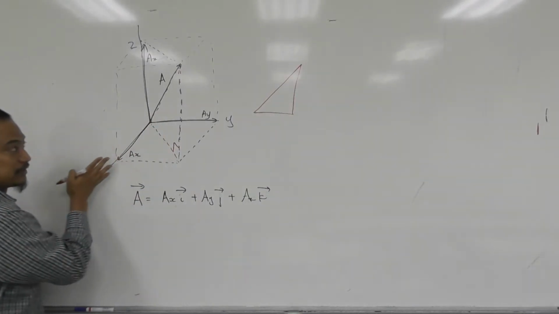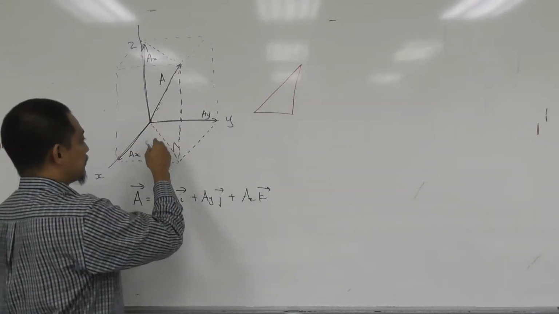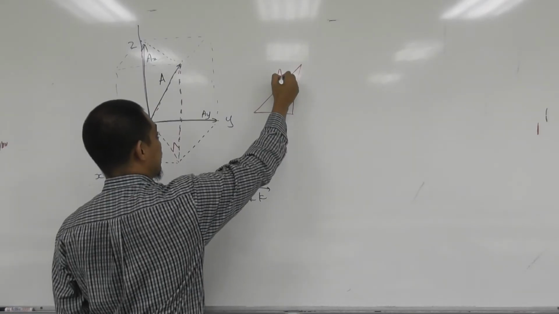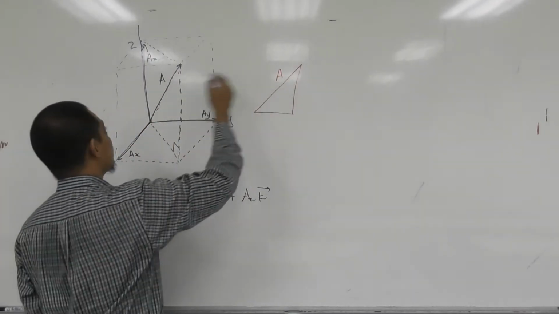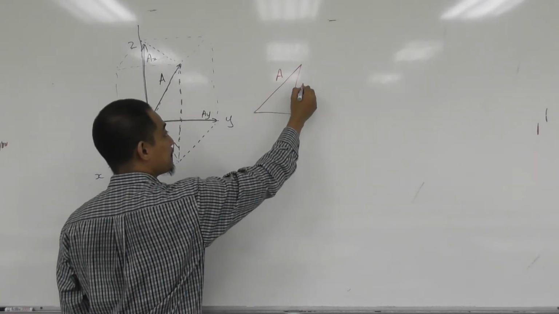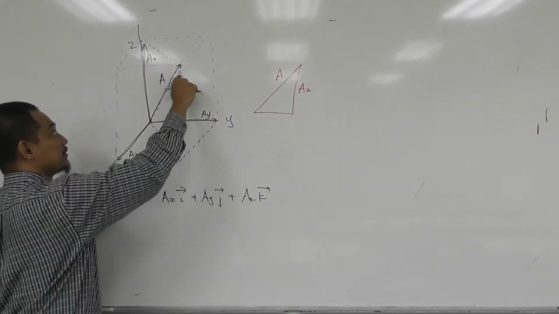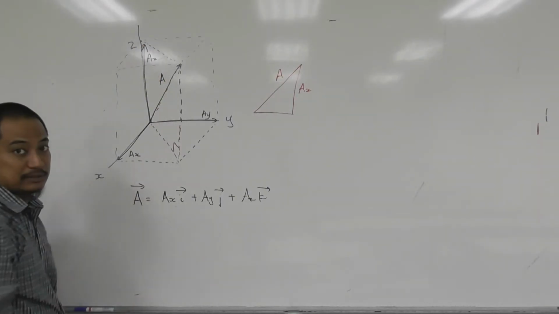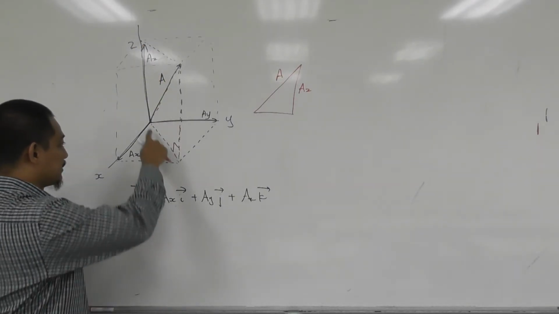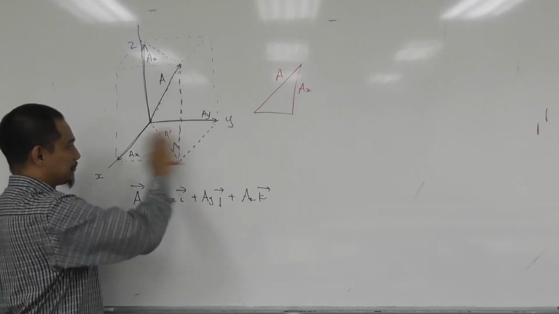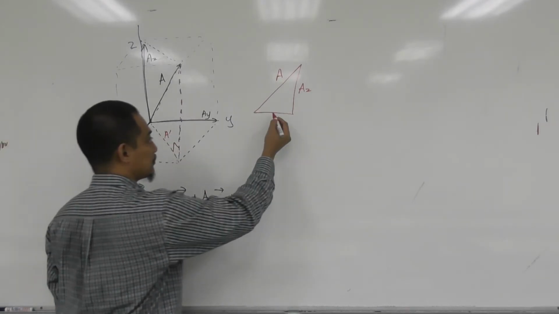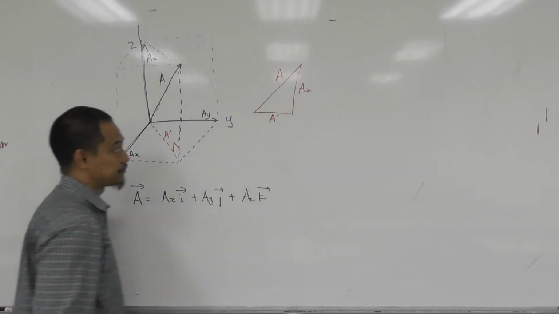If you see from this angle, where this is A, this one is A, right? And this height here is actually AZ. Right? This height here is the same as this height here. It's AZ. What is this one? This one, let's label this A prime first, because it's in the plane of X and Y, right? So let's say this is A prime.